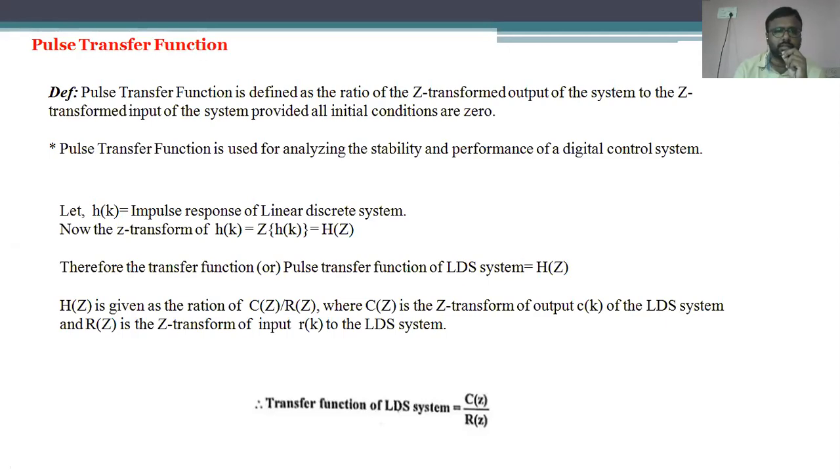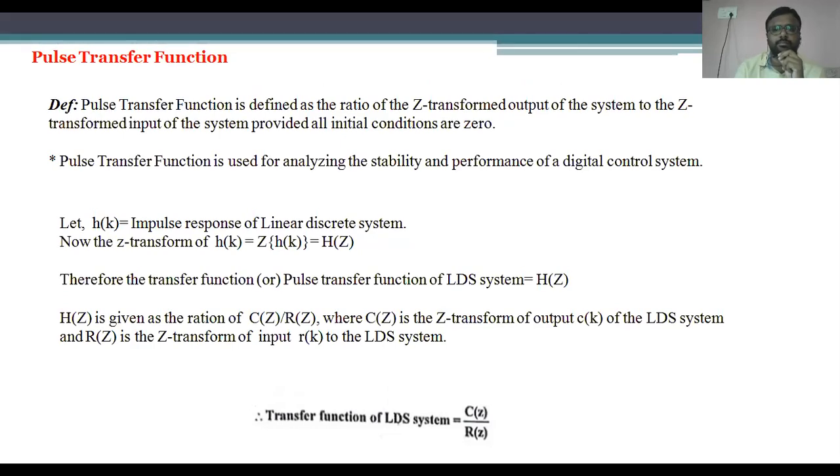Pulse transfer function. Mainly, this pulse transfer function is also called the Z transfer function. It is nothing but the ratio of the transformed output to the transformed input, that means Z transformed output to the Z transformed input.